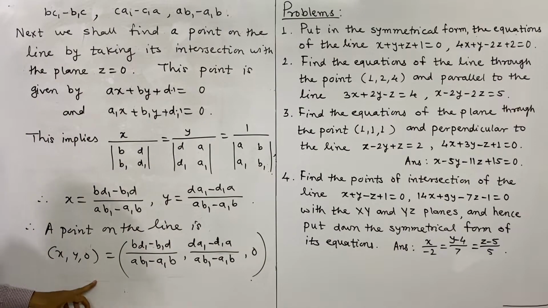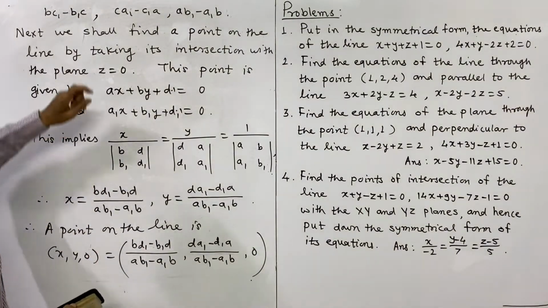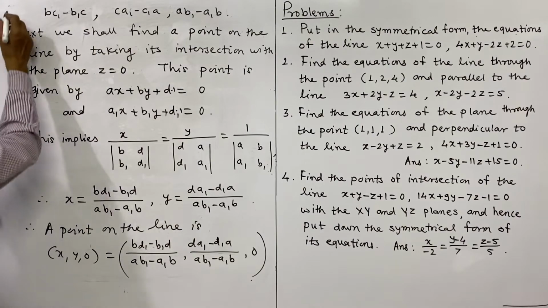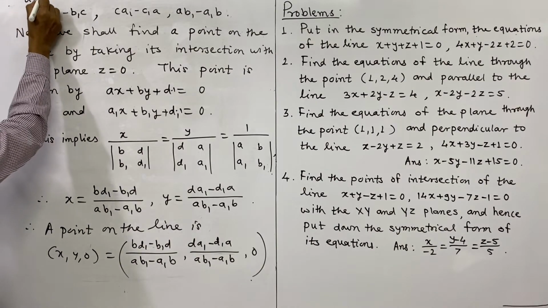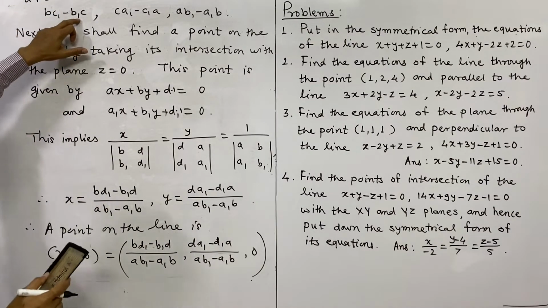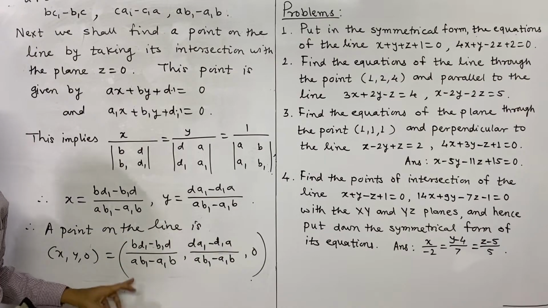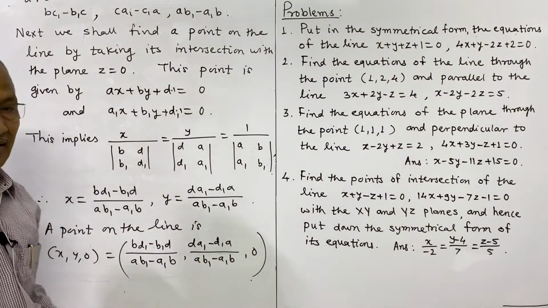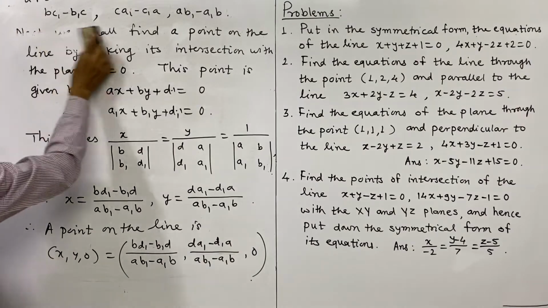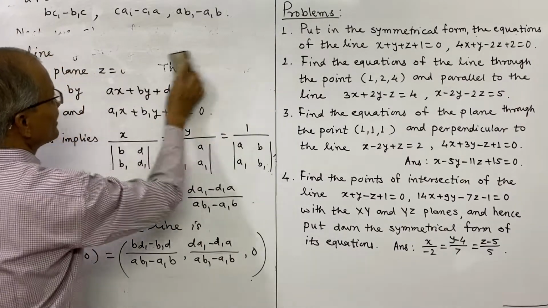So this is the point, and thus we have obtained the DRS of the line. So these are the DRS of the line and a point on the line, and now we can write the equation of the line. So using the point, passing through this point and having the DRS.